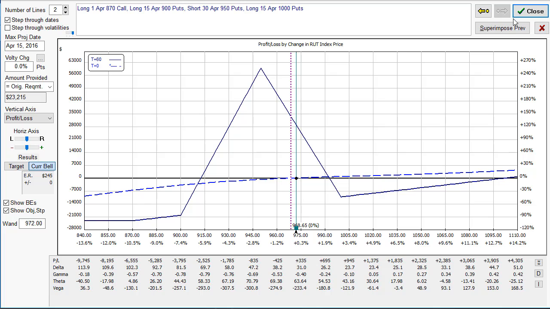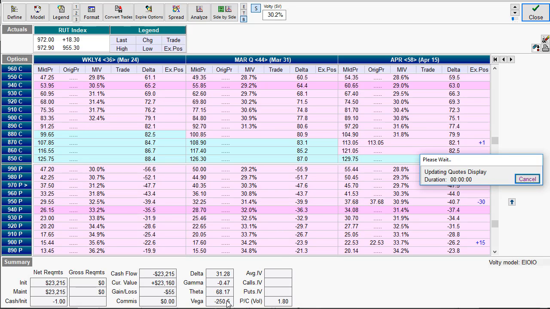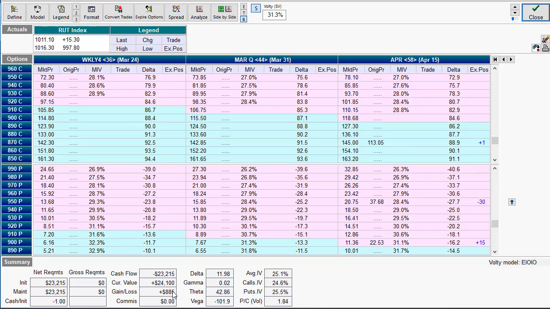So we'll step through a couple of days in time here. We've had a big up move day. We'll probably get a big deflation in volatility, and there you go. If this is the situation you find yourself in, you are $885 in profit on $23,000 worth of margin.